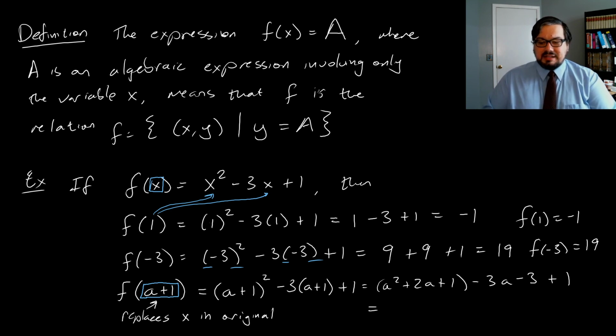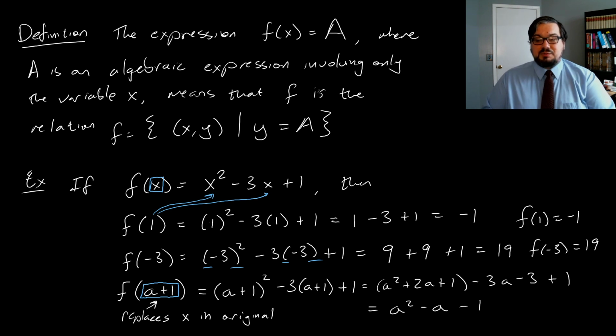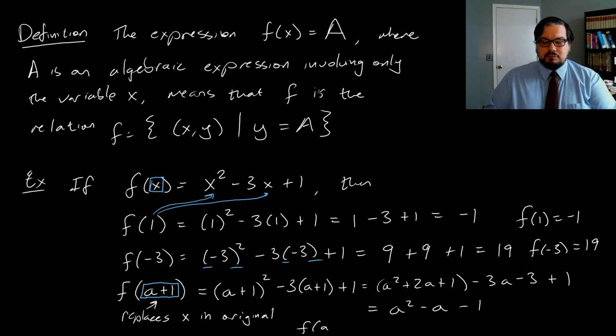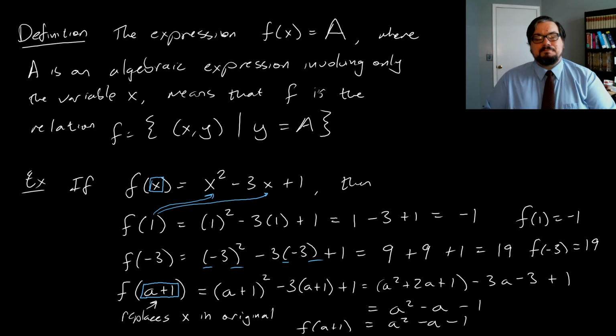And combining all this together, we get a squared, 2a minus 3a is minus a. Then we get 1 minus 3 plus 1 is minus 1. So in this case, we say that f of a plus 1 is a squared minus a minus 1.